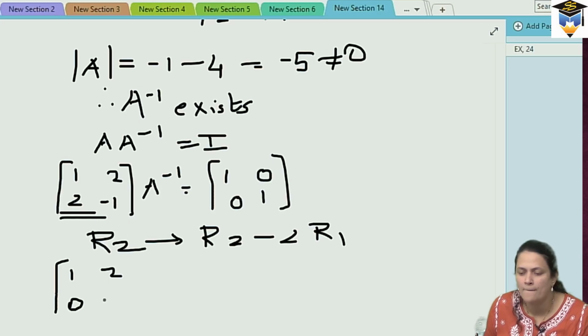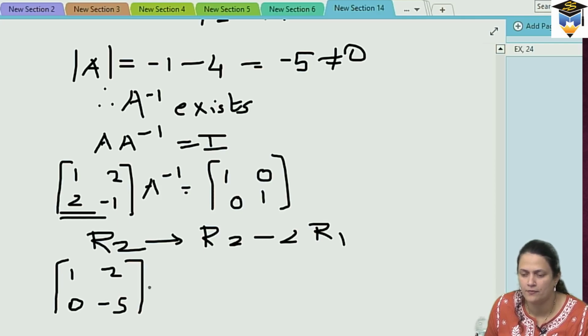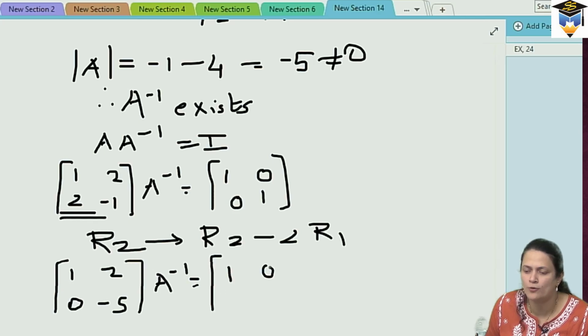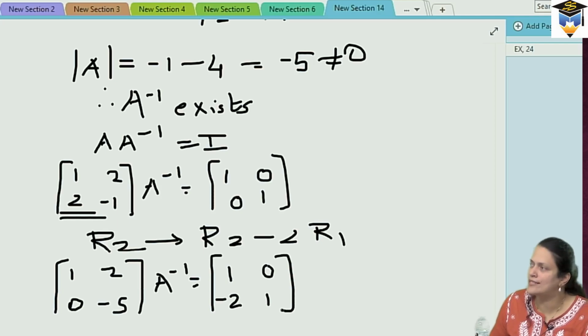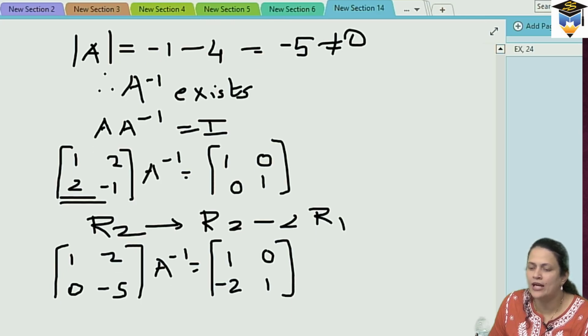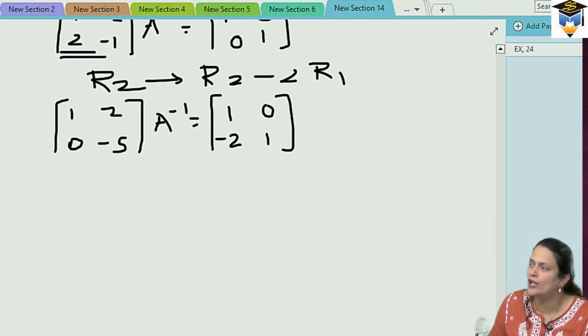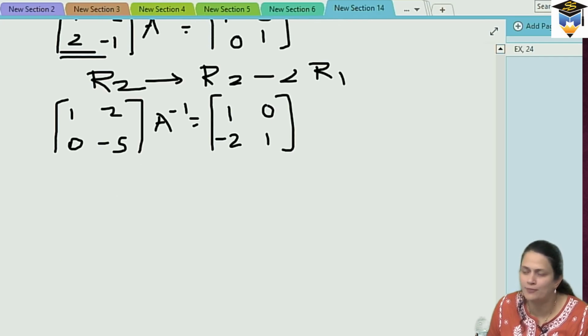Minus 1 minus 4 is going to be minus 5. A inverse will remain as it is. On the right hand side also I am going to transform row 2 such that it is R2 minus 2R1. So I get minus 2 over here and I get 1 over here. Have you understood this step? We are finding out A inverse by row transformations. Have you understood up till here?